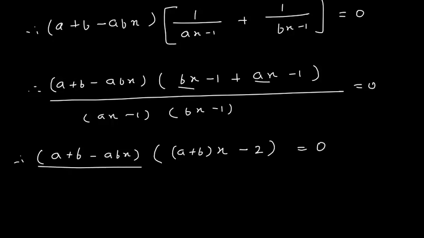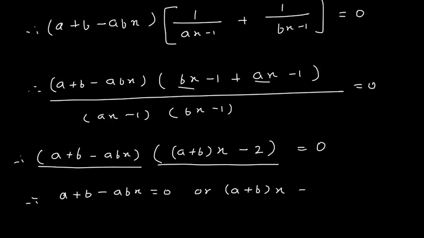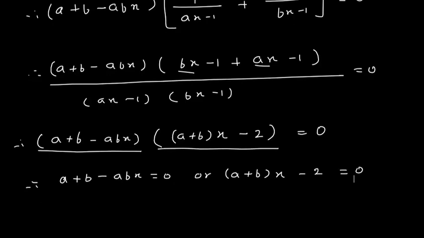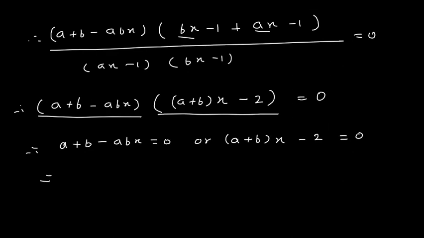So either this bracket will be 0 or this bracket will be 0. So therefore I will say that a plus b minus abx is 0, or I will say that a plus b into x minus 2 is equals to 0. So this will give me abx is equals to a plus b, or here I will get a plus b into x is equals to 2.